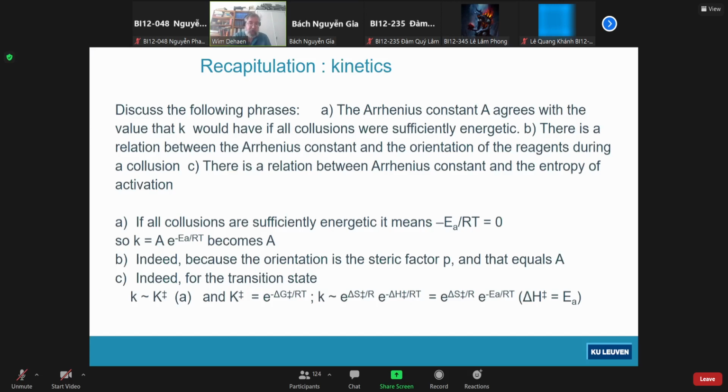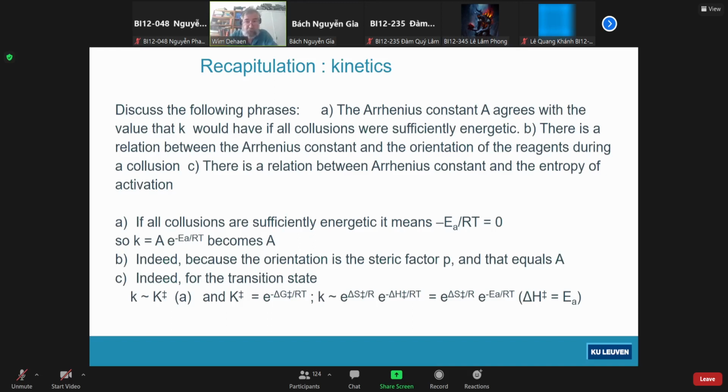What you have then is k is A multiplied by e to the minus 0. Any number that you have to the power 0 is 1. So that indeed becomes A. So this is a correct assumption. Indeed, A agrees with the value that you would have if all collisions are sufficiently energetic.